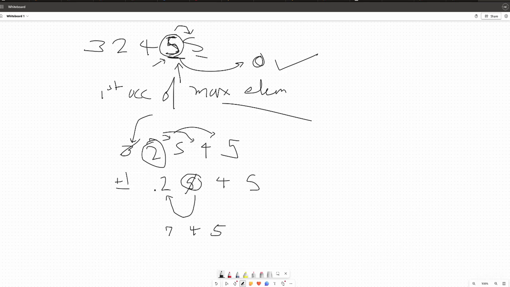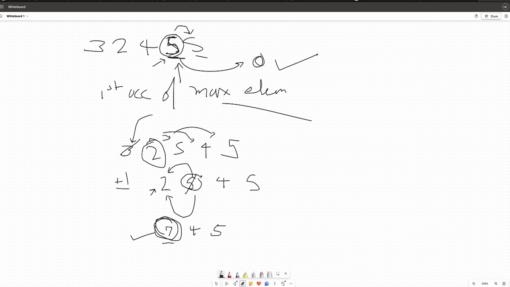And since this is a non-zero positive number, if we add the maximum element to it, obviously this number will be the greatest of all, because we just added the maximum element to it. So this number now becomes the greatest and he wins the election. So now we do not need to delete any more numbers.